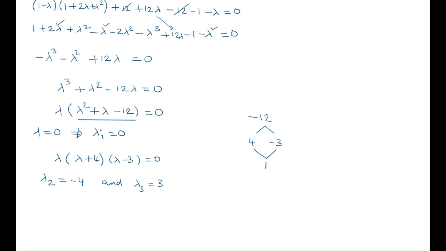So now we have got 3 lambda values: lambda 1 equal to 0, lambda 2 equal to minus 4, and lambda 3 equal to 3. So the eigenvalues are 0, minus 4 and 3.